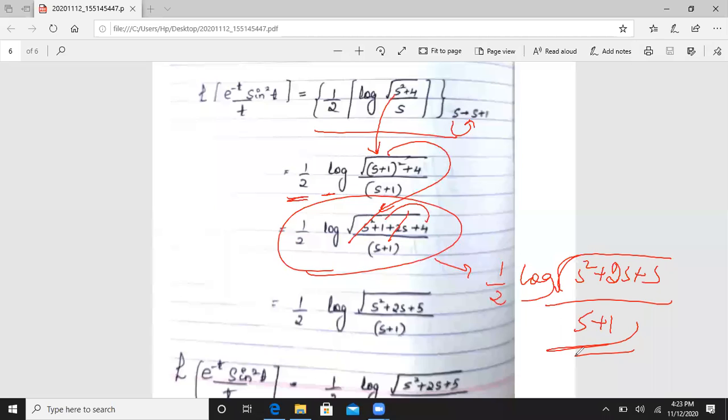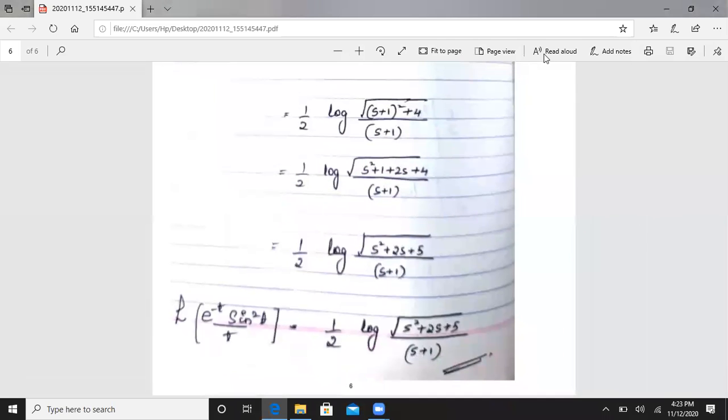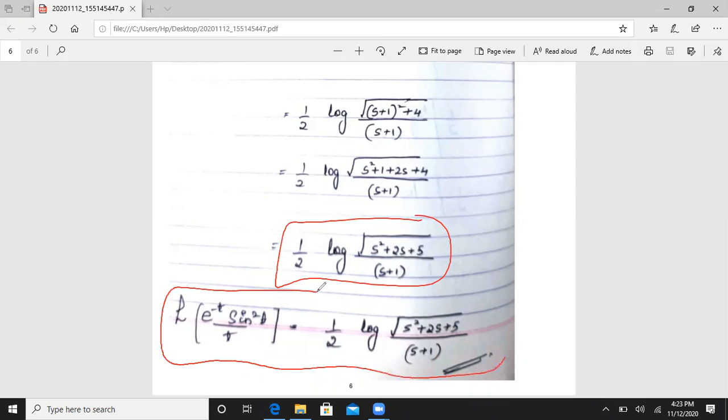So one by two log of under root s square plus 2s plus 5 divided by s plus 1, and our final resultant answer is Laplace transformation of e to the power minus t sin square t by t is equals to 1 by 2 into log of under root s square plus 2s plus 5 divided by s plus 1.